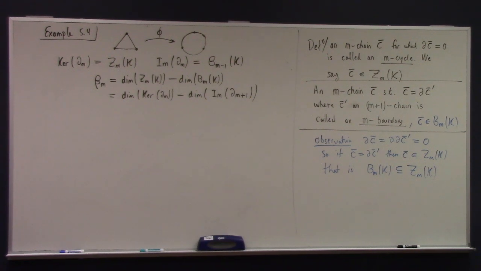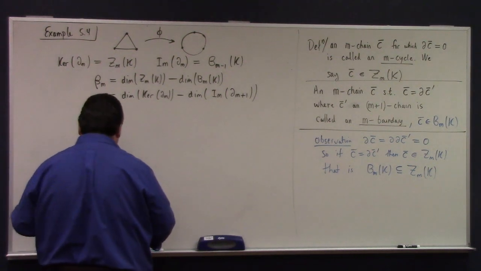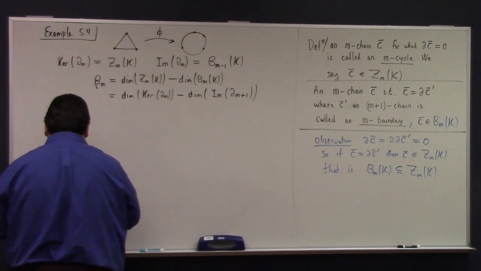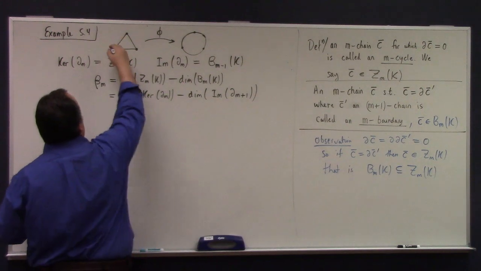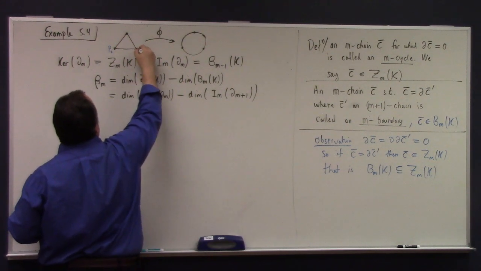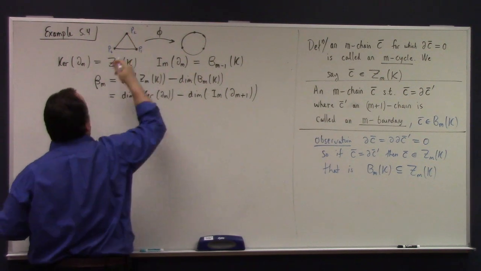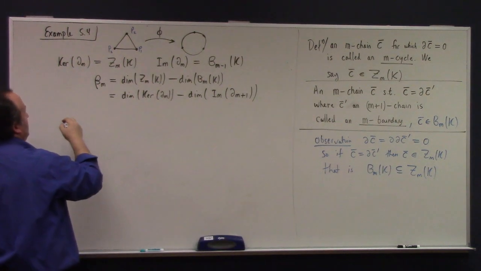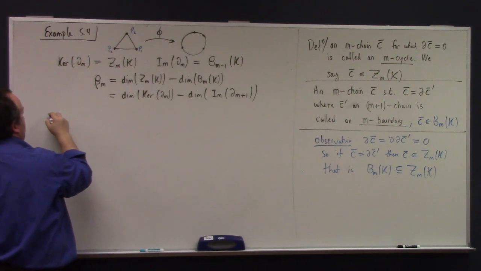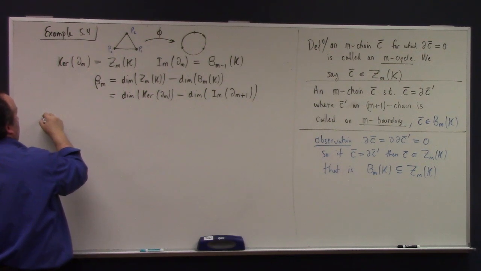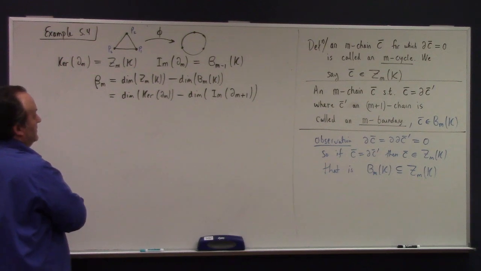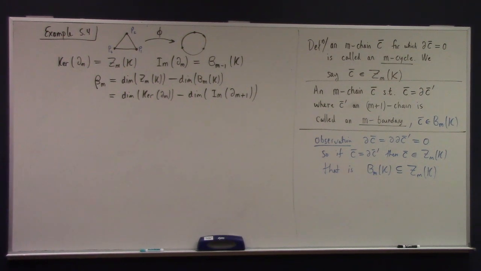So let's see here. We'll label this 0, 1, 2, right? We're not talking about the filled in one.